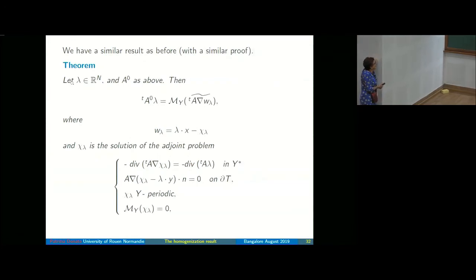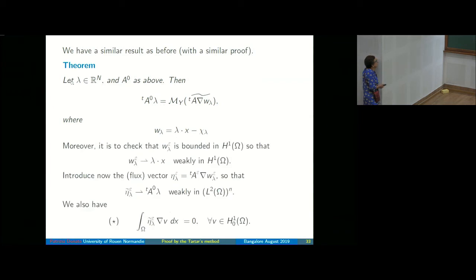Actually, we define as above, transposed A0 lambda equal to the average of the transposed A gradient W lambda extended by 0. We take the key, and then we have the usual convergence.